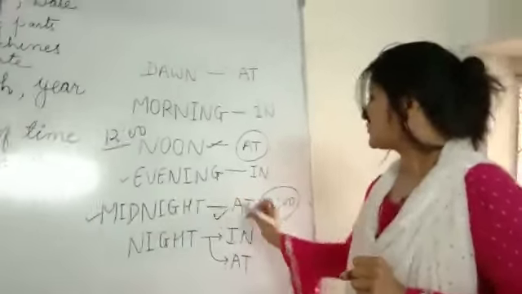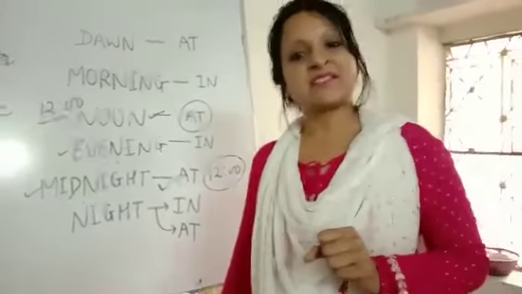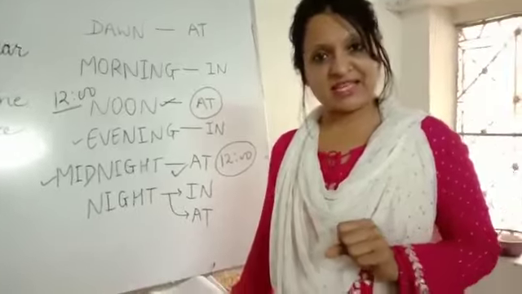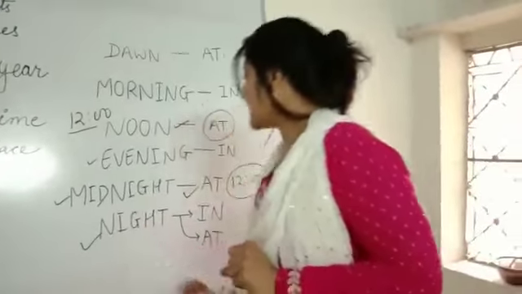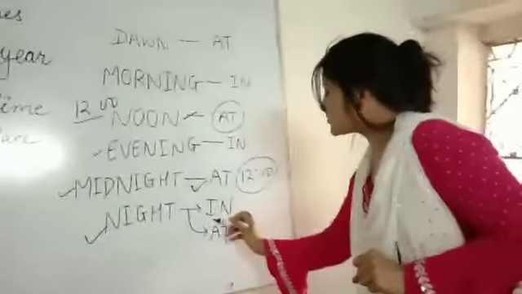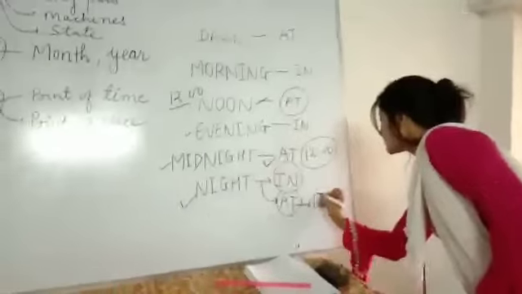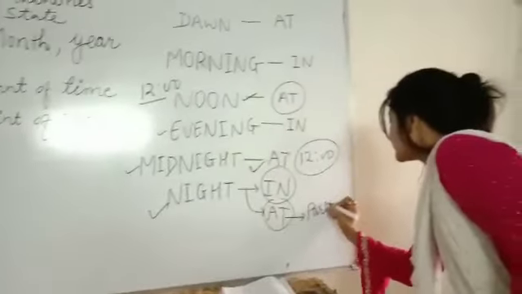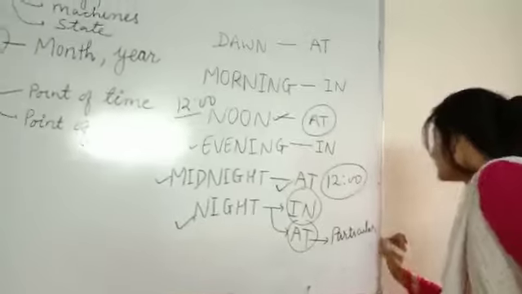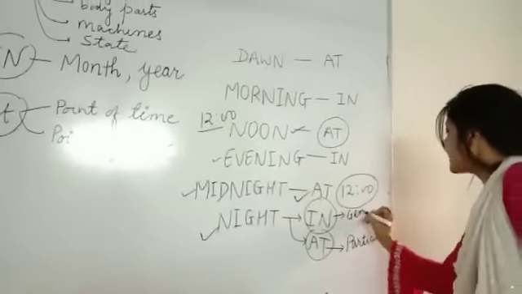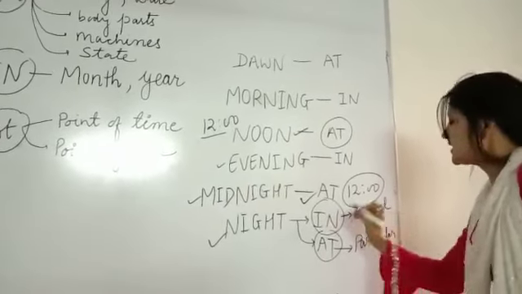So I will see you at 12 o'clock. I will see you at midnight. And now with night, sometimes you are using at, sometimes you are using in. When you are using this word night in a particular way, then you are using at, and when you are using night in a general way, then you are using the preposition in.